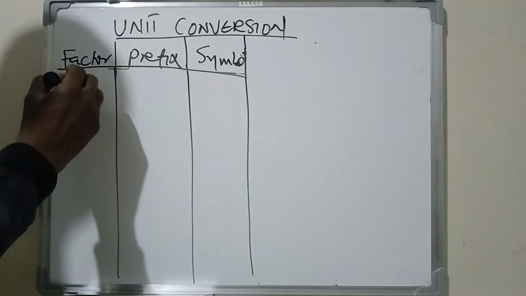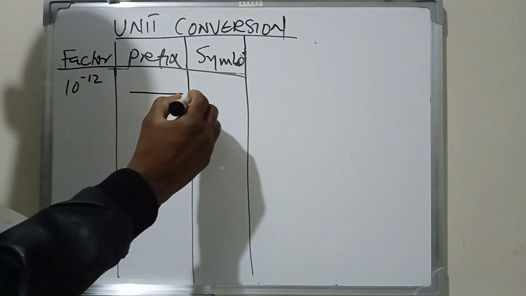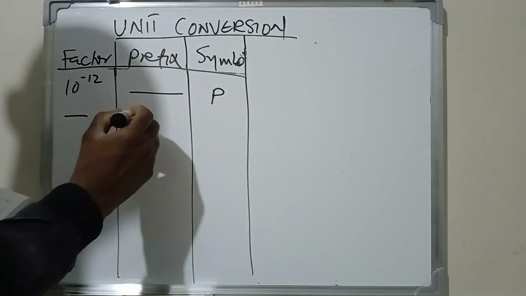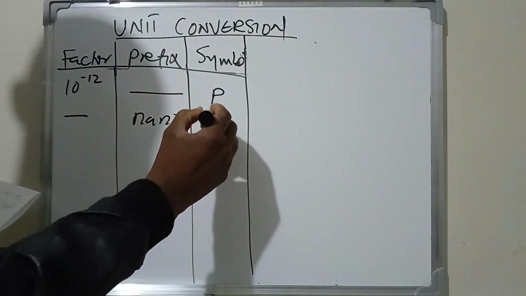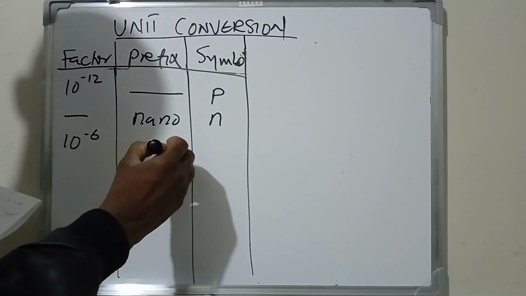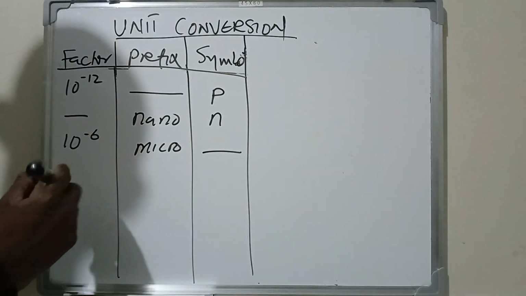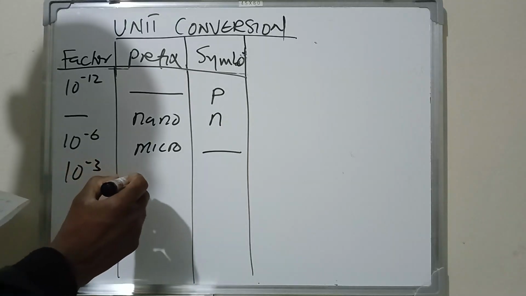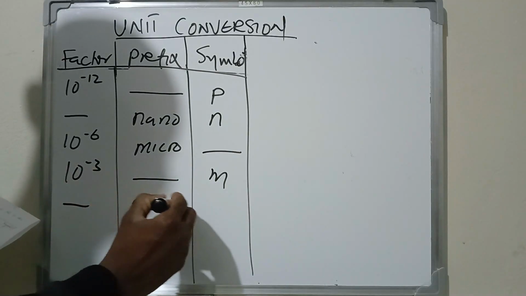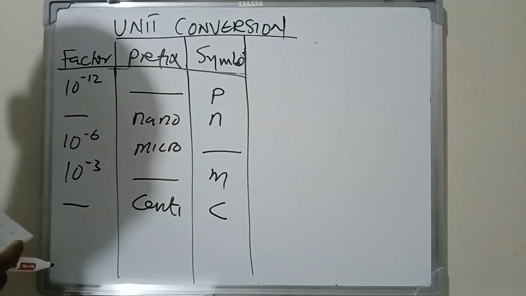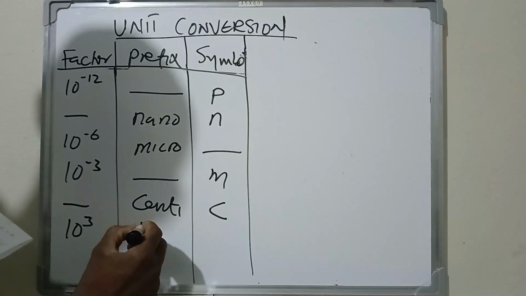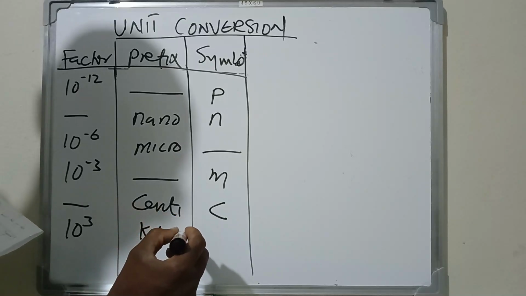So there was 10 to the power negative 12, a dash for the prefix, then p. Then a dash, then nano, then n. Then 10 to the power negative 6, micro, then a dash. Then 10 to the power negative 3, a dash, then m. Then a dash, then centi, and c. Then 10 to the power 3, kilo, and a dash.